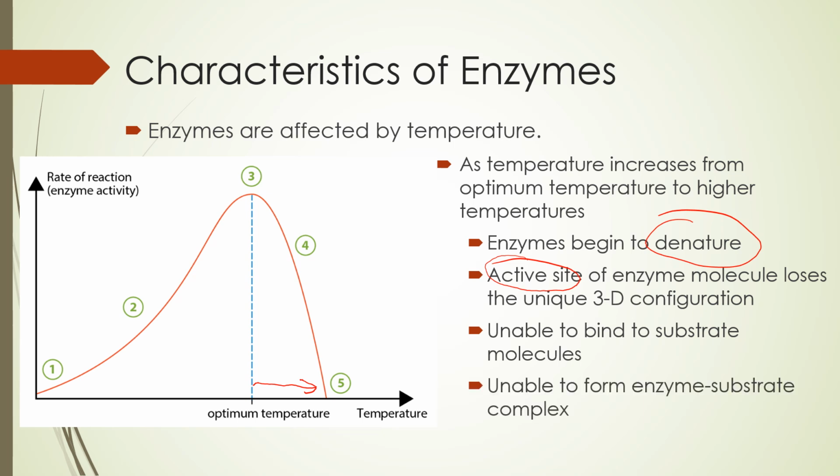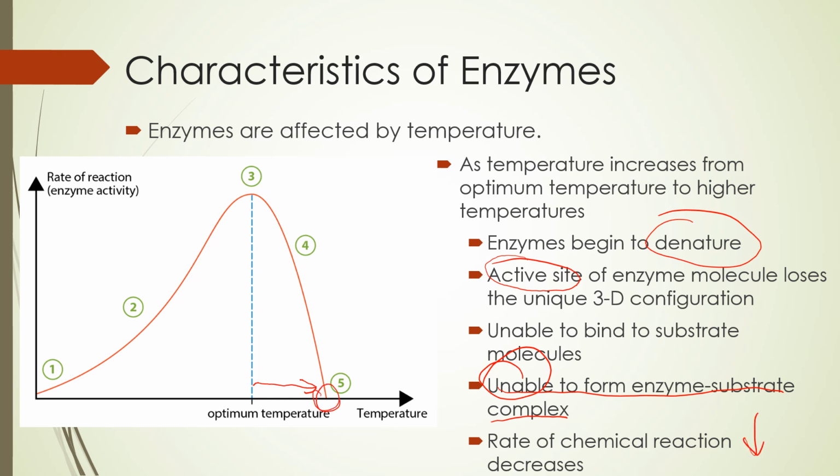If they cannot bind to the substrate, they cannot form enzyme substrate complex, and so of course the reaction will not work. The reaction will drop until it becomes zero. So this is where the enzymes will start to, in inverted commas, die. But you cannot write die. The correct word is denaturation.